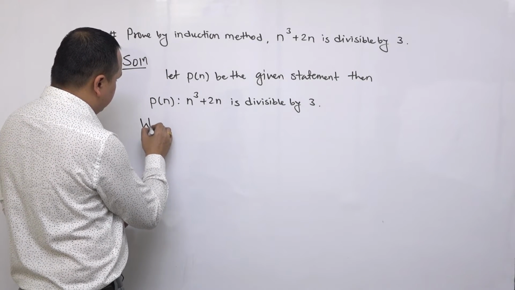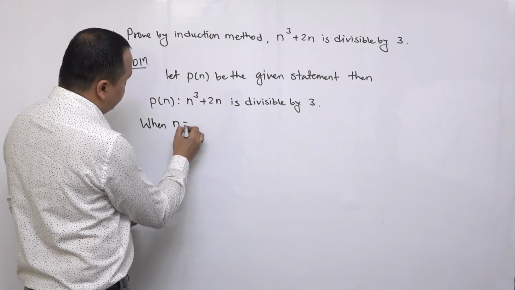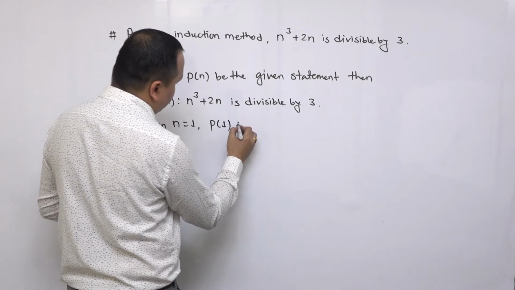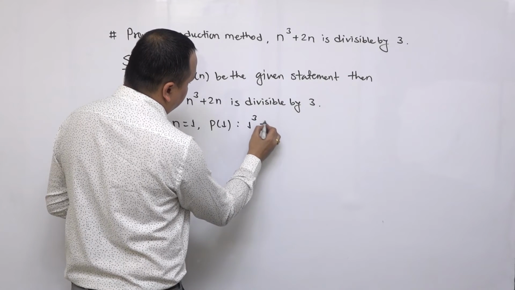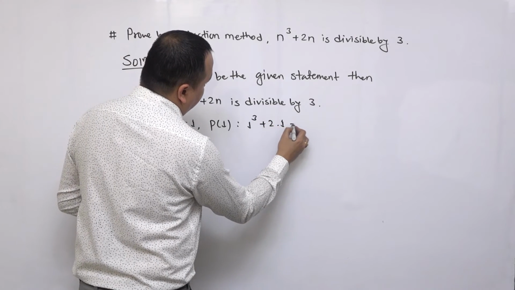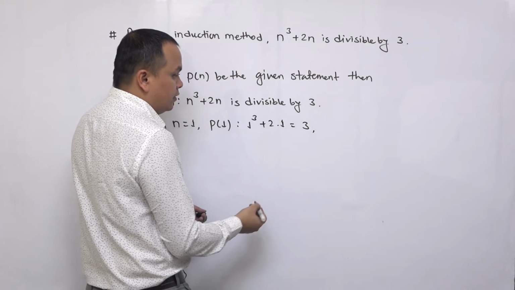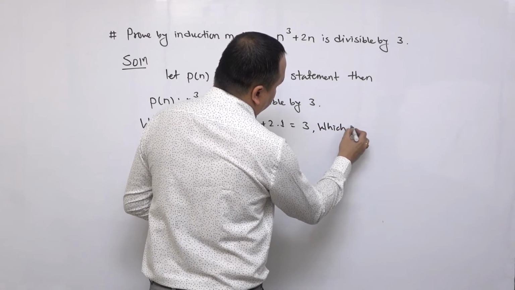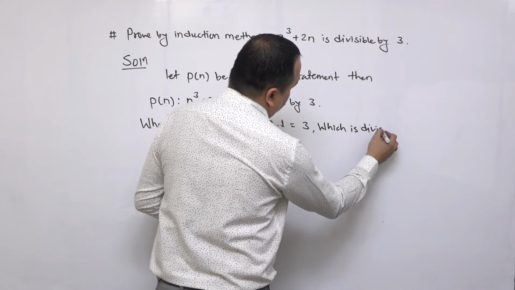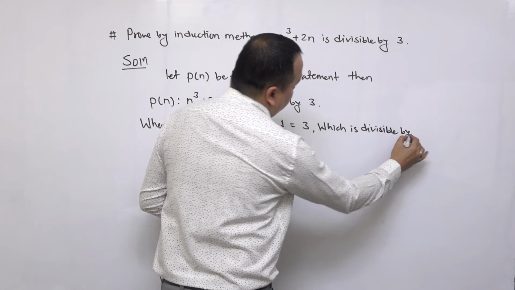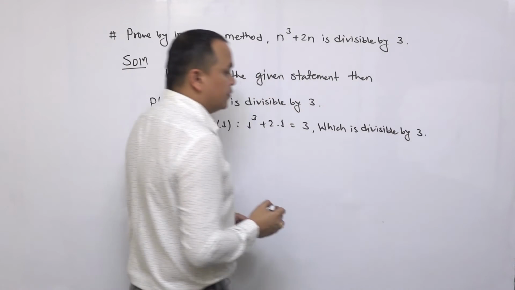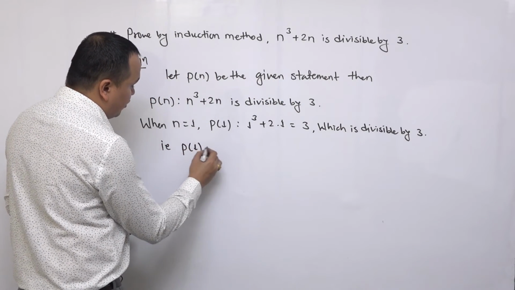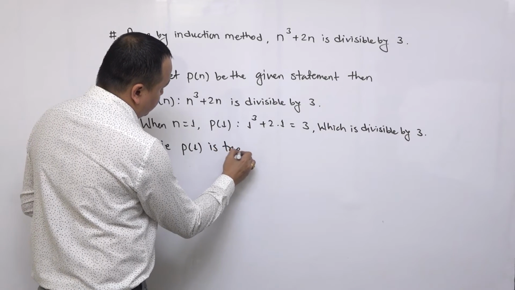When n is equal to 1, P1: 1 cube plus 2 into 1, which is 3, which is divisible by 3. That is, P1 is true.